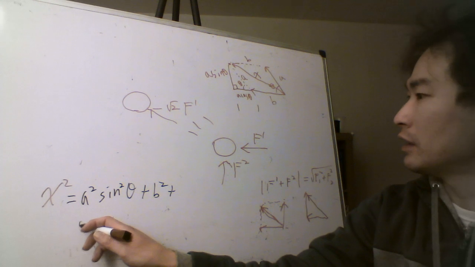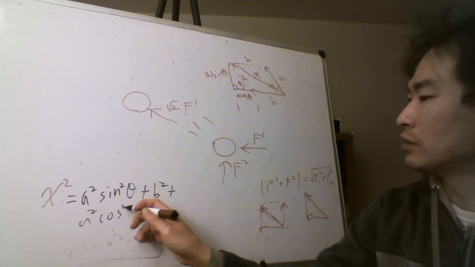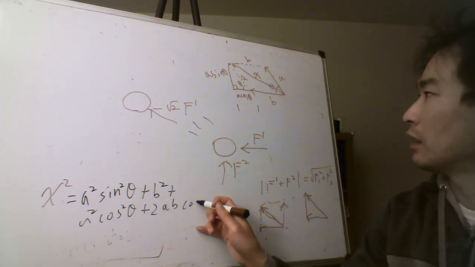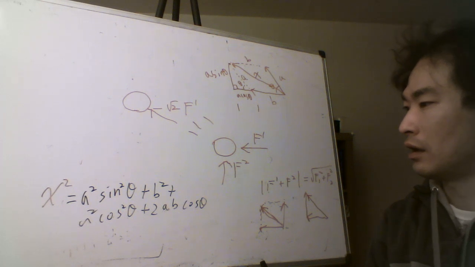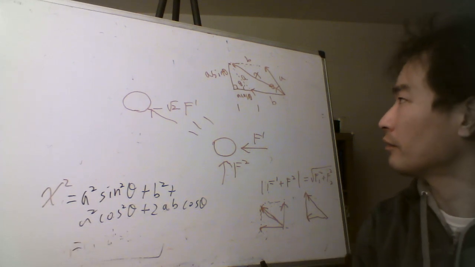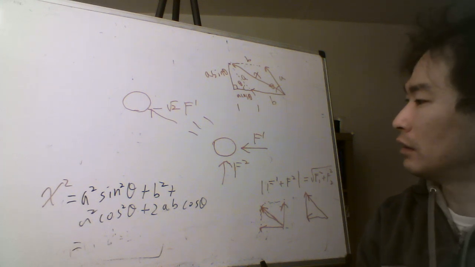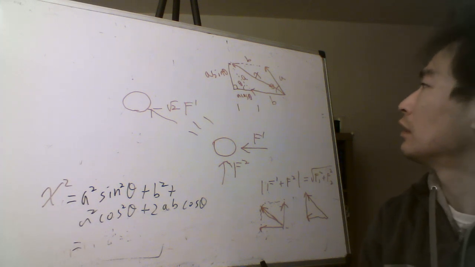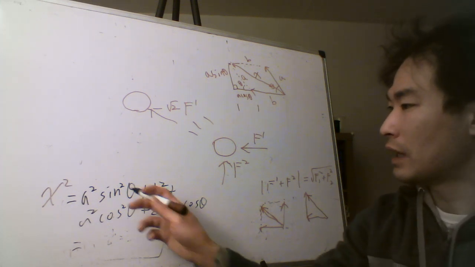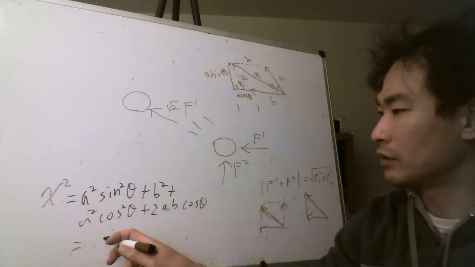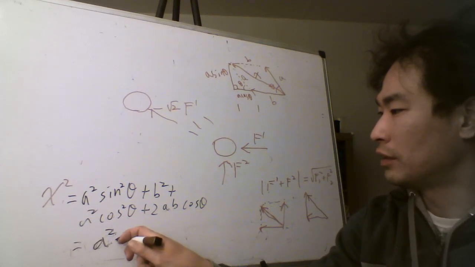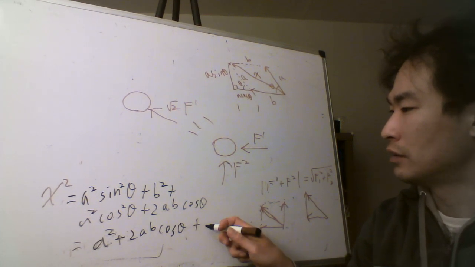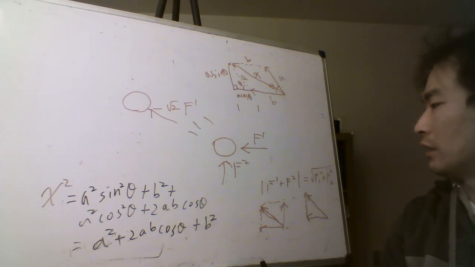So B squared plus A squared cosine squared theta plus 2AB cosine theta, okay? Which is, sine squared theta plus cosine squared theta is the same thing as 1. So A squared plus 2AB cosine theta plus B squared, okay? So that's the generic formula.